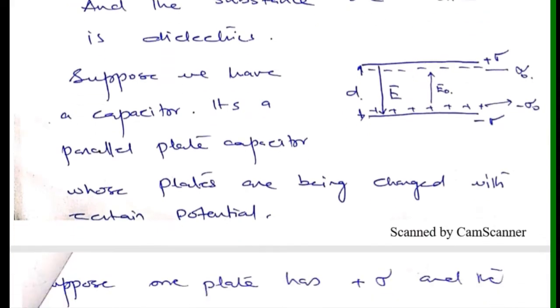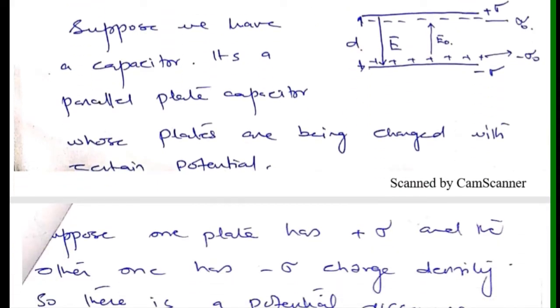So now coming on to capacitors. Suppose I have a parallel plate capacitor. I charge this parallel plate capacitor with some external source. I have applied a certain potential to these plates, and I have charged them in such a way that the upper plate gets all the positive charge and the lower plate gets all the negative charge.